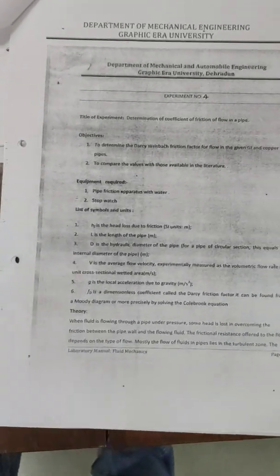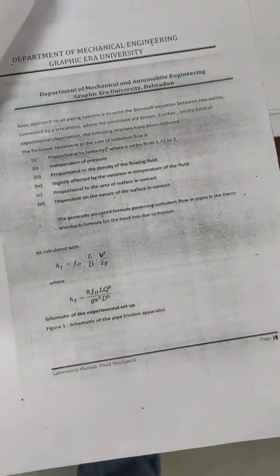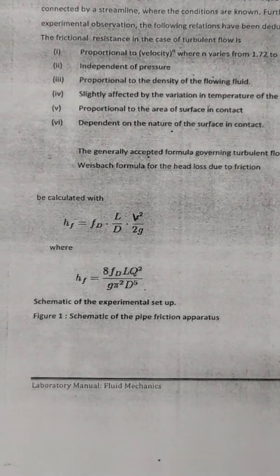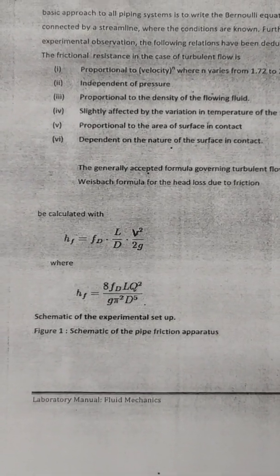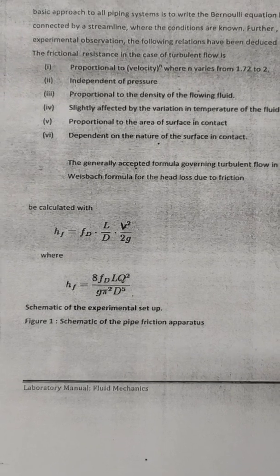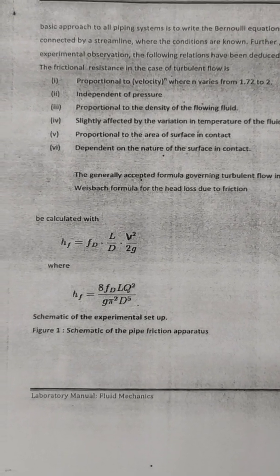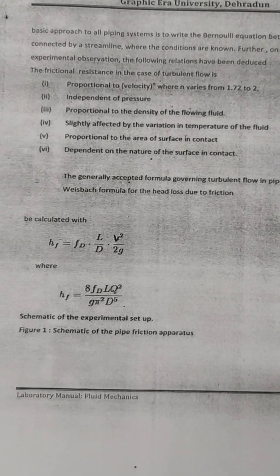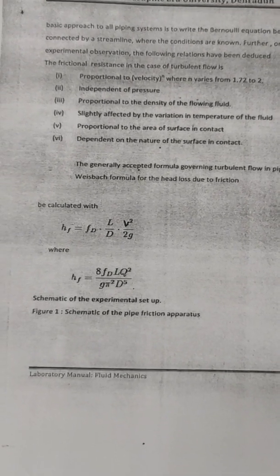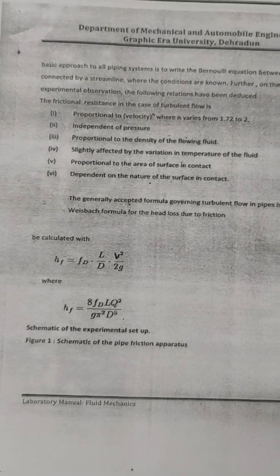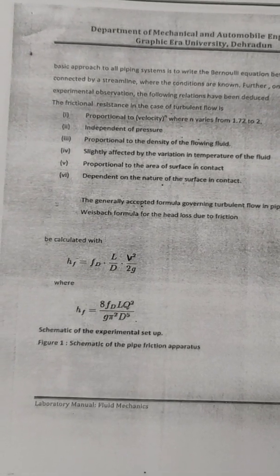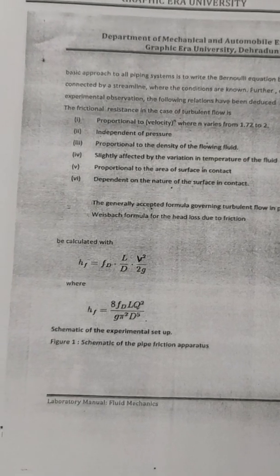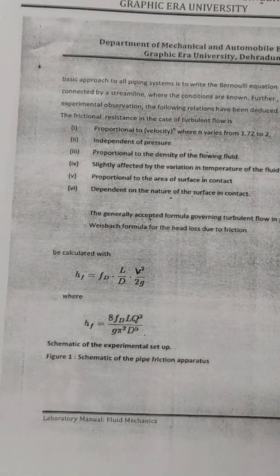The formula we are going to use for the Darcy-Weisbach equation is hf = f L V² / 2gD. We have to calculate the friction factor f. hf is the frictional loss, which is nothing but the loss of head that we can measure from the U-tube manometer.